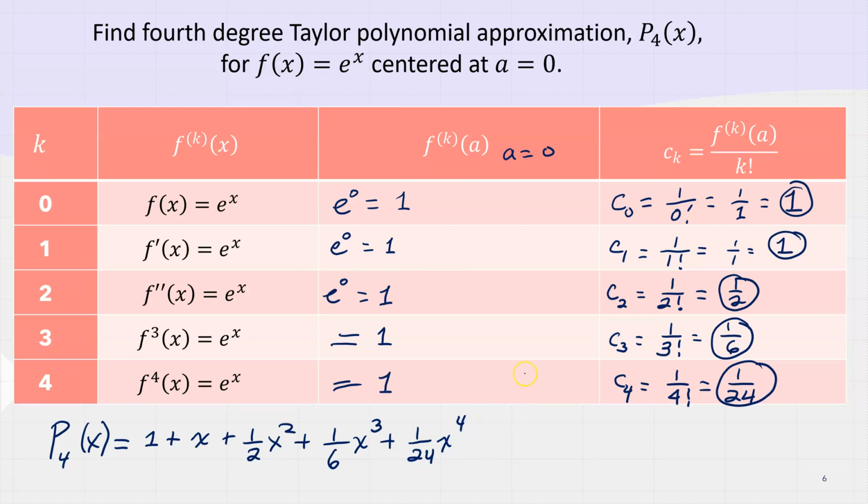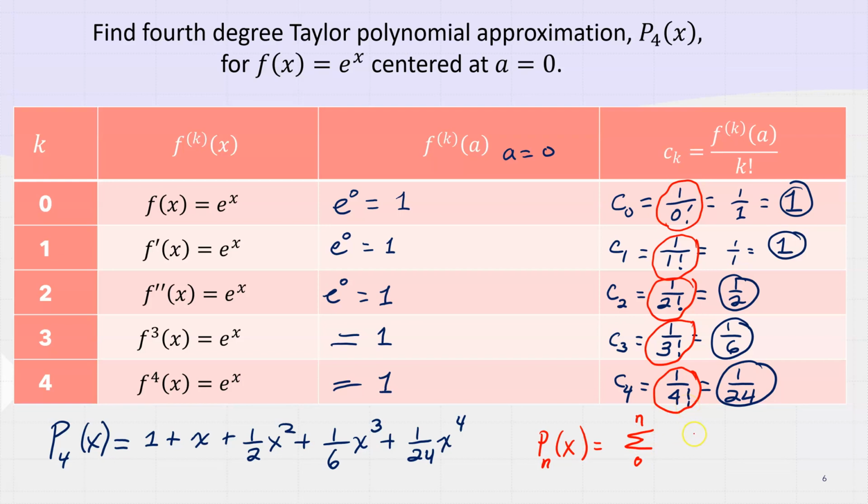Now, if you think about the pattern of where this goes, what do you say Pn of x is going to be? We're going to have to focus on this for that pattern, right? So look at this right here for that pattern. You will have a sum, because we are adding, and that's going to go from 0 to n.